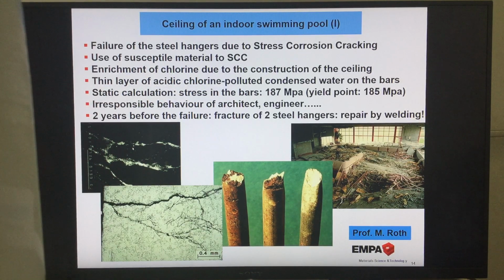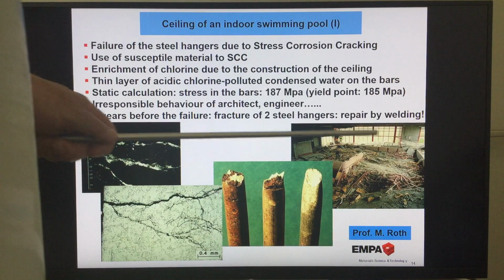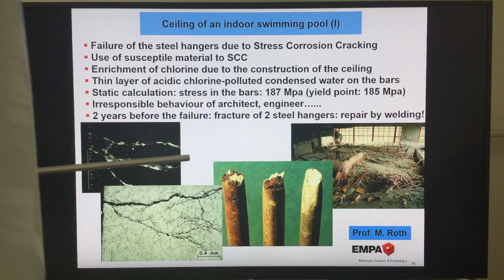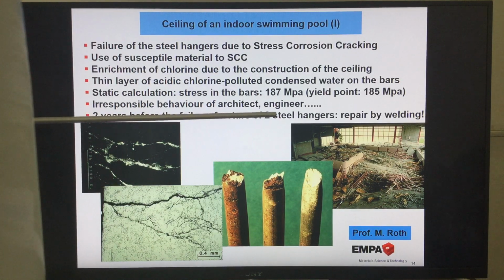And the biggest mistake was even that 2 years before the failure, before the breakdown, they once checked there in the top between the two ceilings. Somebody was creeping inside and watching, and they found already 2 years before that 2 steel hangers were fractured.